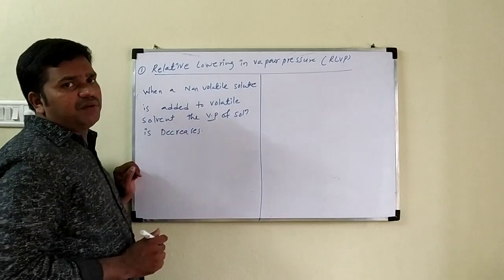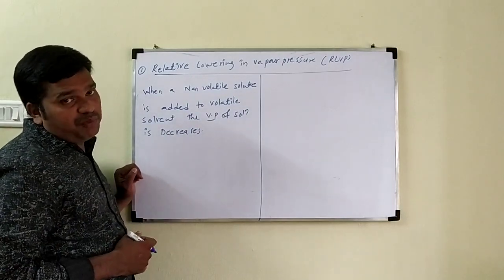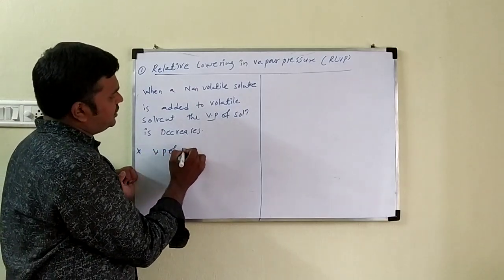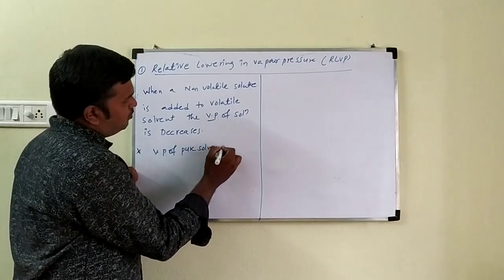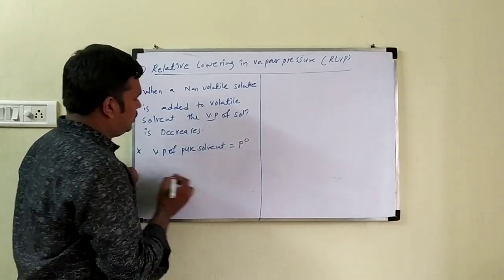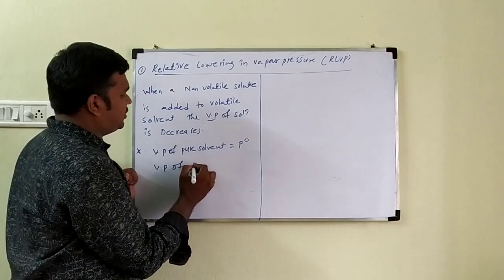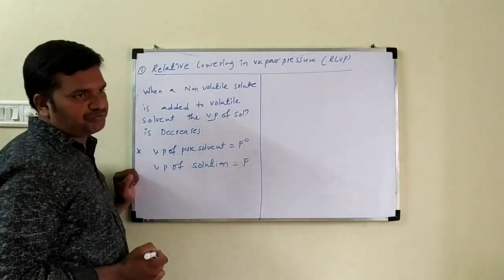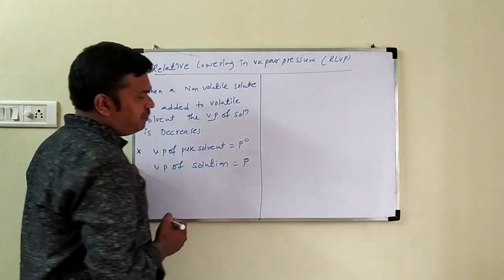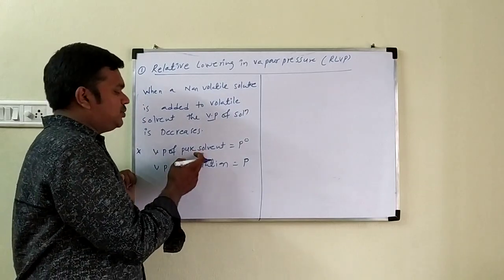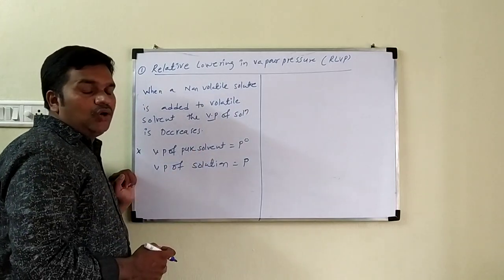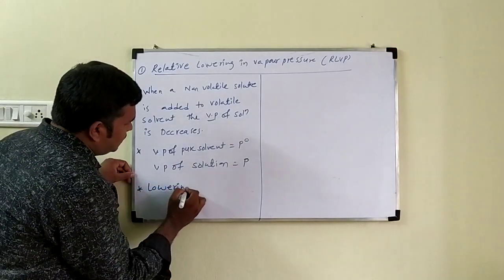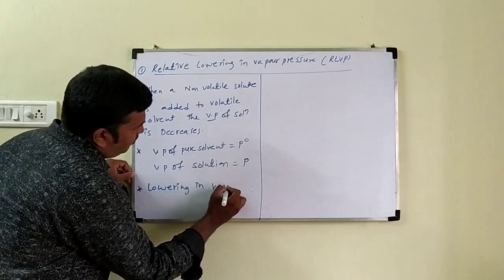The vapor pressure of the pure solvent is P naught and the vapor pressure of the solution is P. The difference between the vapor pressure of the pure solvent and the vapor pressure of the solution is called the lowering in vapor pressure.